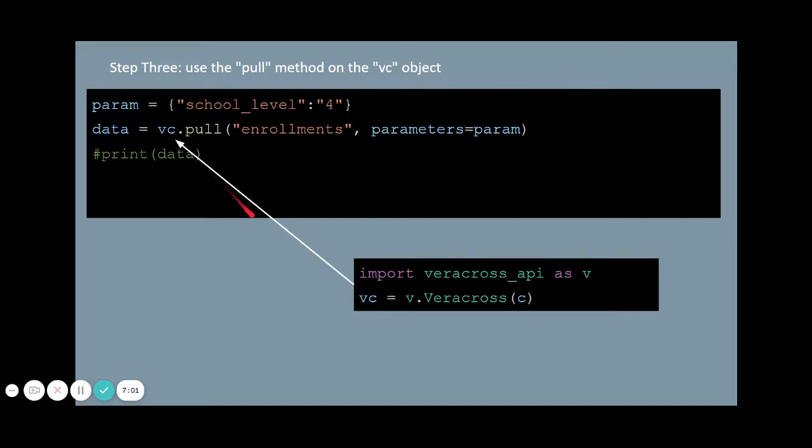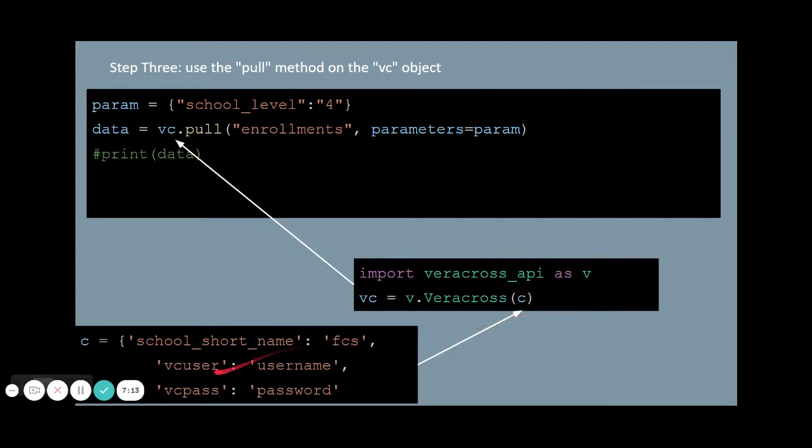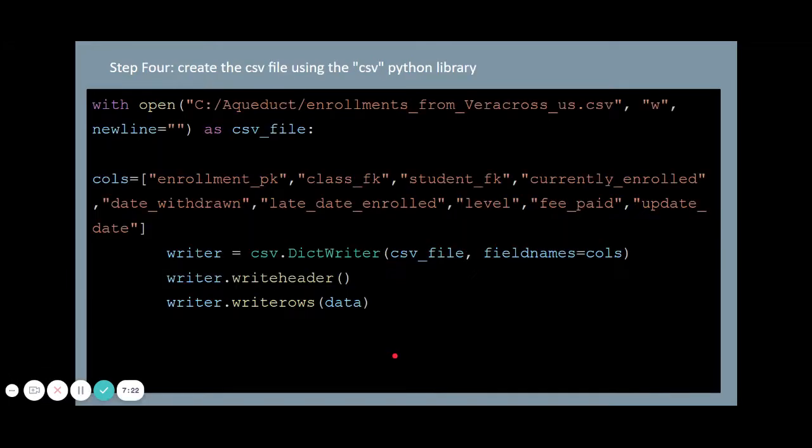And I'm just referencing that VC. This comes from the object we created from the library we installed from pip. And the C, that comes from this dictionary of variables for school short name and credentials. Okay, we're all opened up.